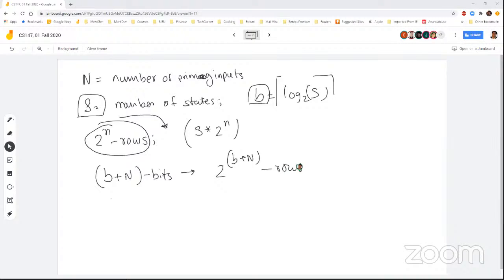And then some of them are don't care, and they don't appear in the table.